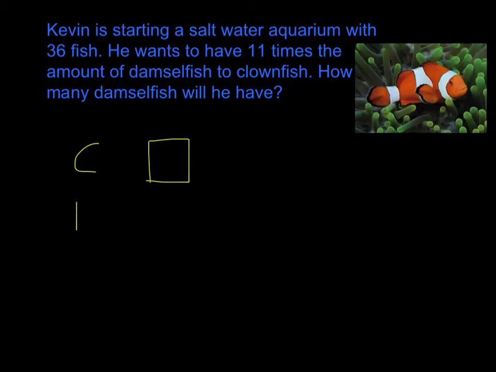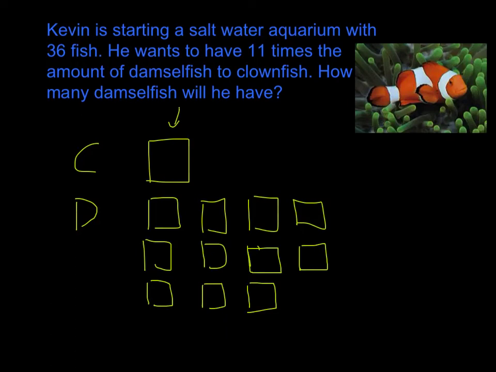But we do know the relationship from the clownfish to the damselfish: he wants to have 11 times that amount. Well, 11 times this amount, which is 1, would be 11. So we're going to represent the damselfish with 11 boxes. So now you have boxes that represent that the damselfish is 11 times the amount of the clownfish.